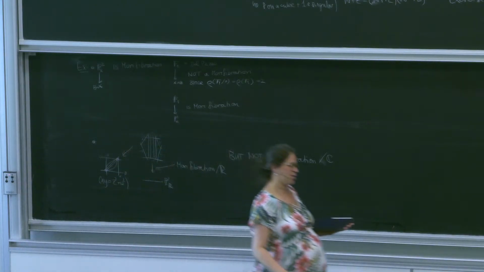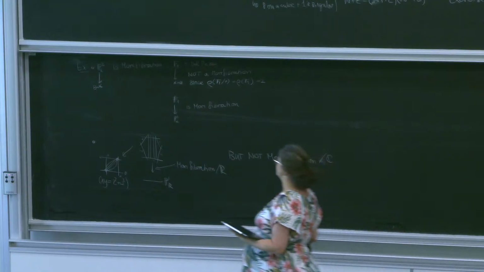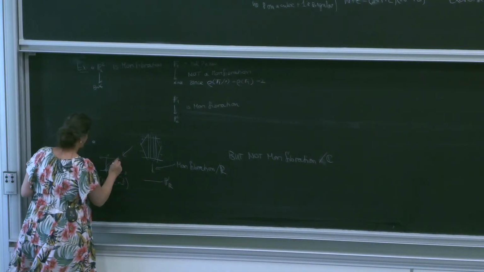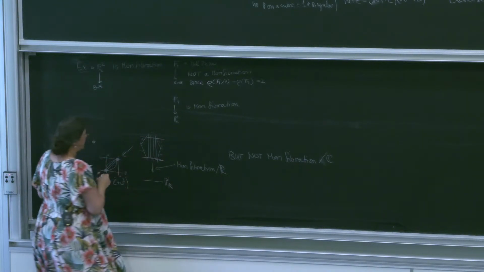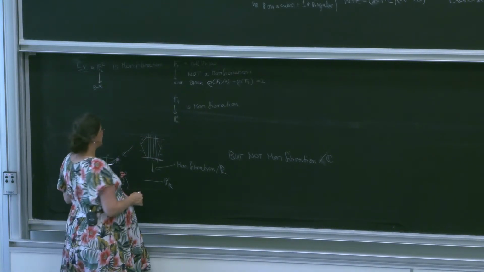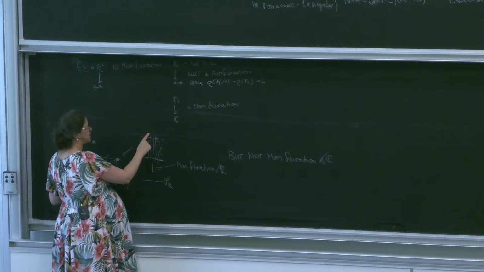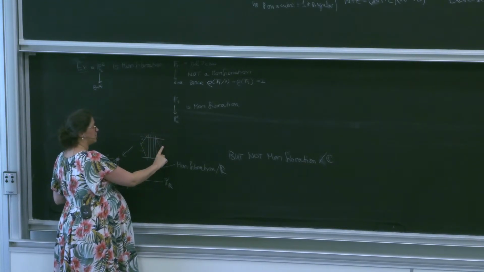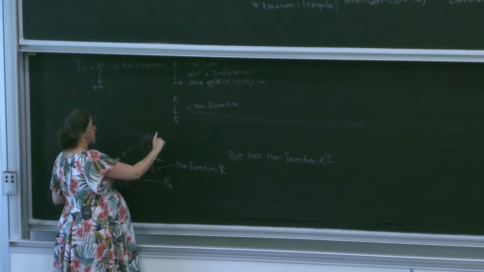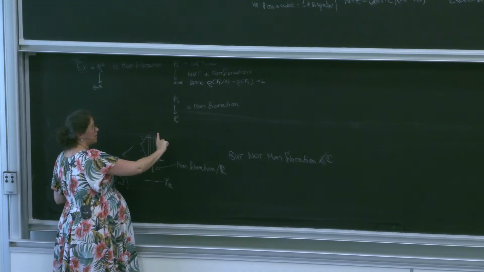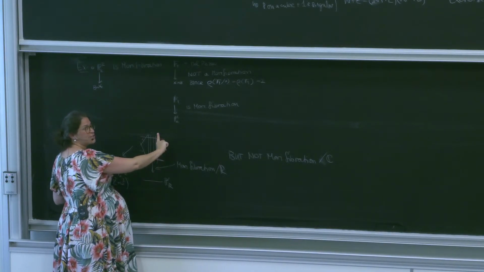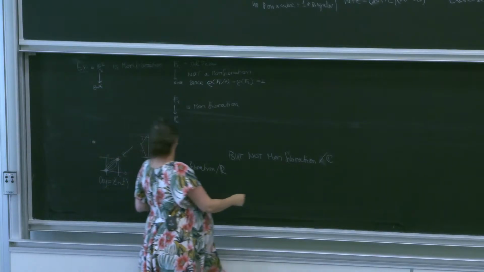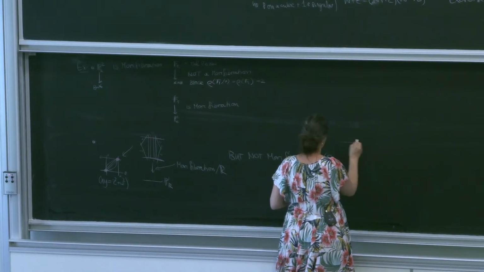Maybe I'll put the exceptional divisors in red. Over C, I can contract this curve and this curve if I like, and I will get to a Hirzebruch surface. And the Hirzebruch surface is a Mori fibration. It has relative Picard rank 1.